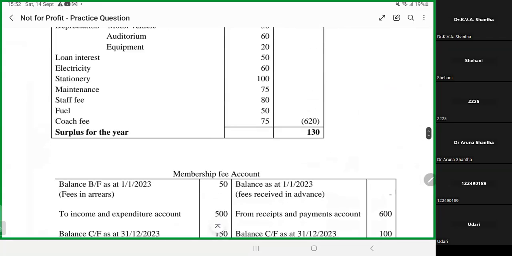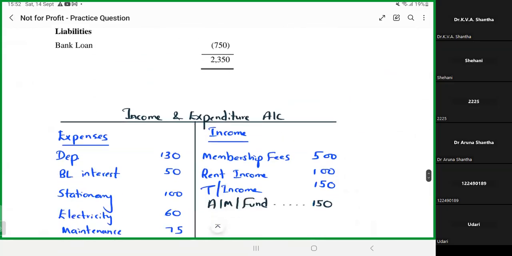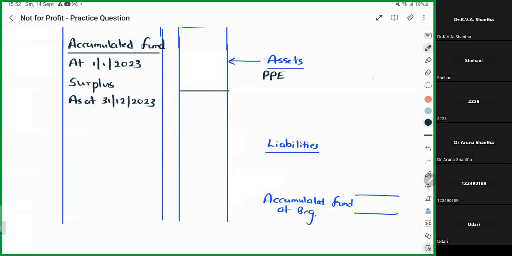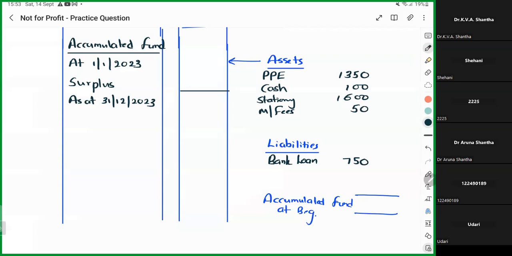Assets: property, plant, and equipment carrying value 1,350, cash balance 100, stationary 1,600, membership fees receivable at the beginning 50. Liabilities: bank loan 750.